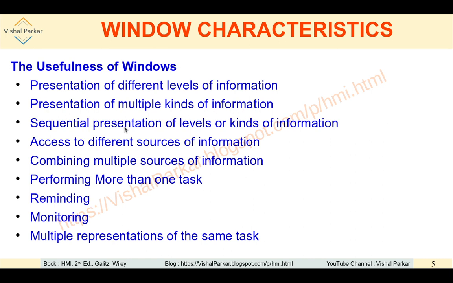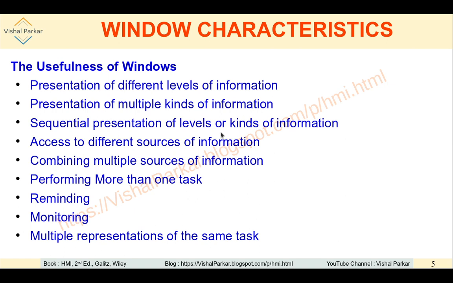Next is sequential presentation of levels or kinds of information. So basically information can be presented in different steps, you can say. Either that can be presented or that can even be collected.